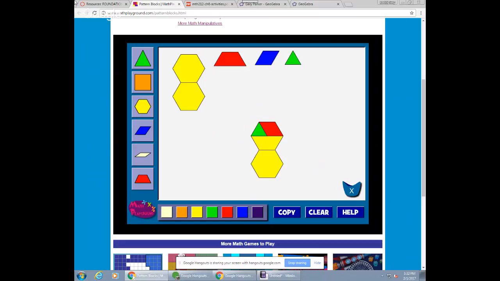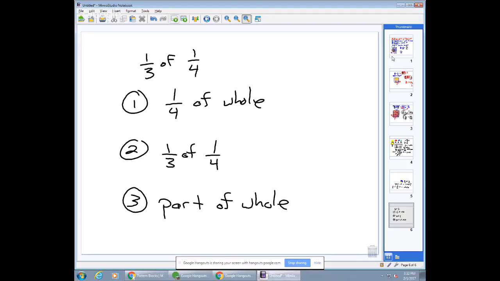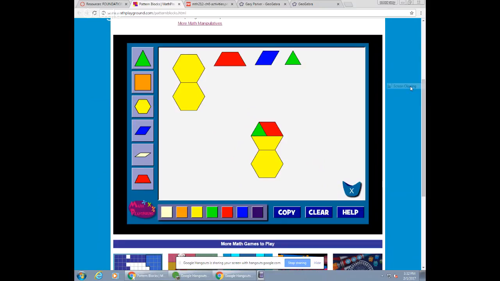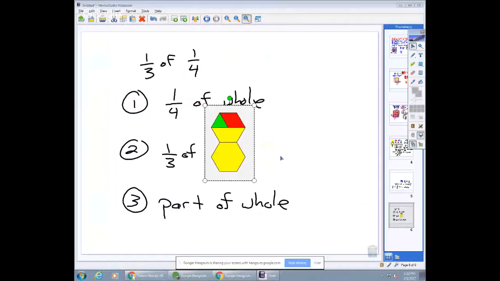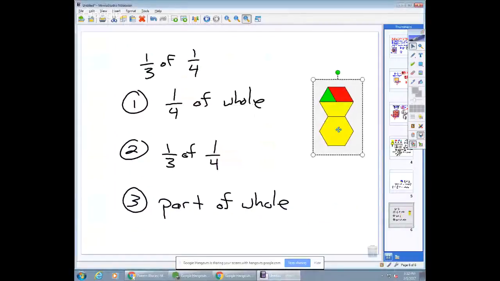So let's grab that into the notebook and then make our final statement as to what part of the whole that's going to be. What part of the whole is that going to be? Anybody? 1/12 of the whole, yeah.